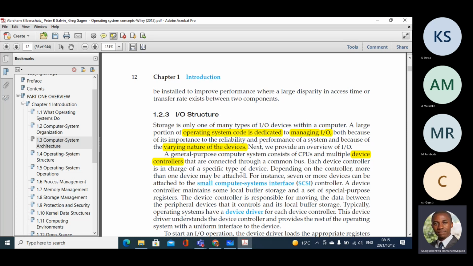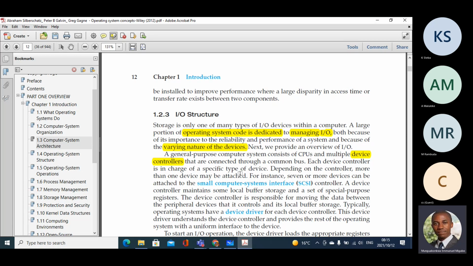Okay, so a device controller maintains some local buffer storage and a set of special purpose registers. Okay, so there is localized memory at the device controller level. That is what I'm trying to point out here, is that most of the time your device controllers will have their local buffer.